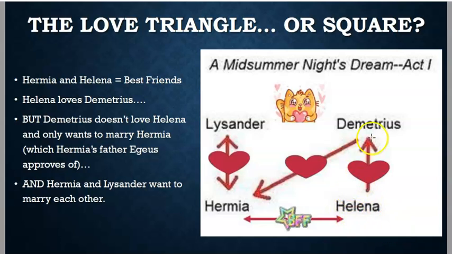Helena loves Demetrius, but Demetrius does not love Helena and only wants to marry Hermia, which Hermia's father Aegeus approves of. And Hermia and Lysander love and want to marry each other. Okay. So I know that's a little bit confusing, but that's the point of creating confusion and comedy in the story.